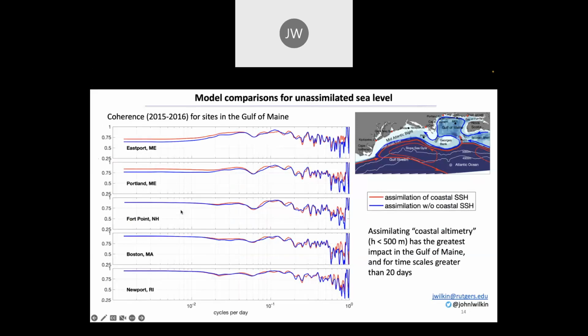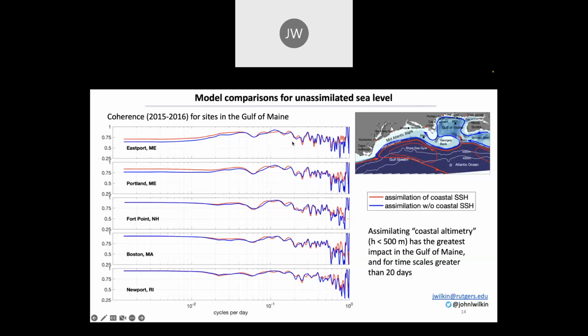So running a couple of years where we did not assimilate the coastal sea level. So here we excluded our altimetry inside the 500-meter isobath. And in the Gulf of Maine, you can see there's a consistent offset. The coherence drops when the coastal altimetry data is not assimilated.